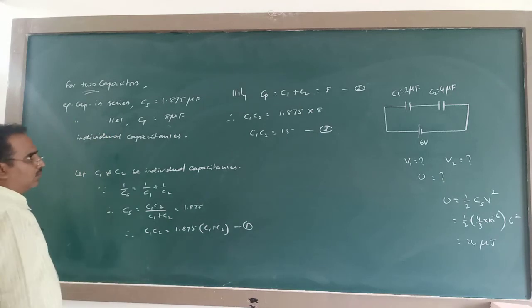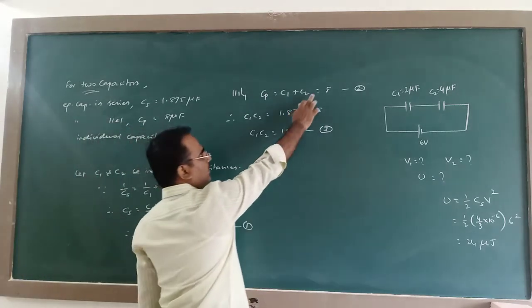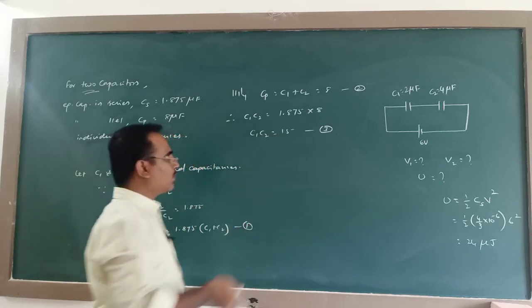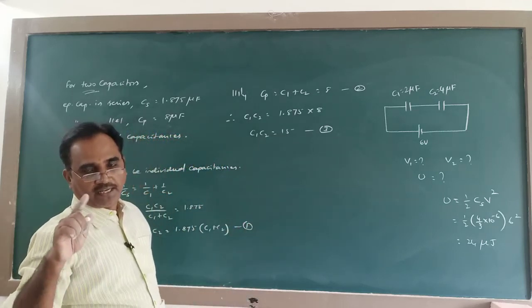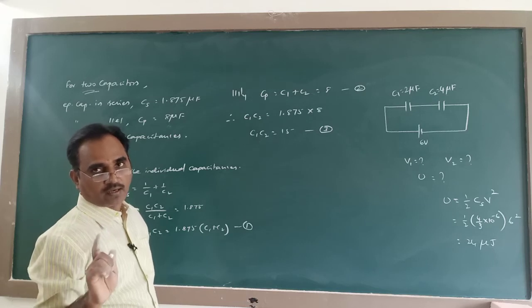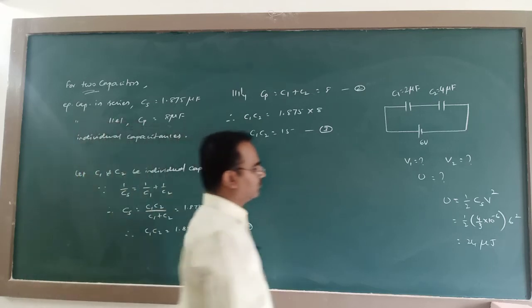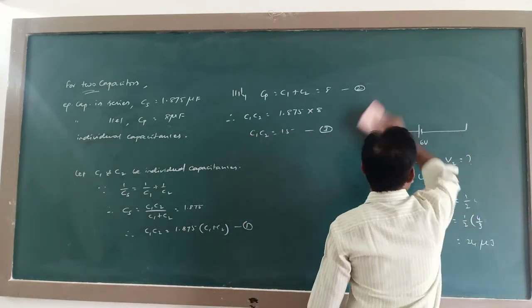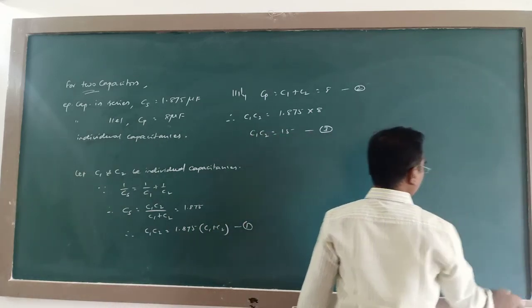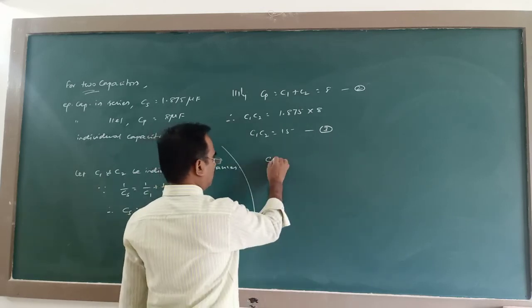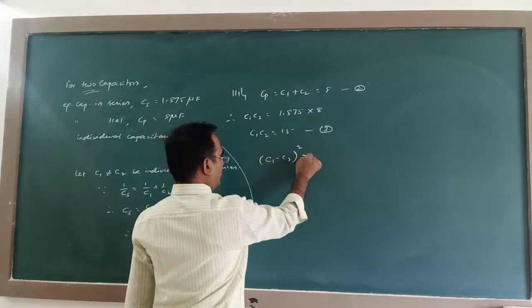Now you know C1 plus C2 and you know C1 C2. As you did in the earlier problem, by taking C1 minus C2 whole square formula, you find C1 and C2. Instead of going for a quadratic equation, you take this formula.